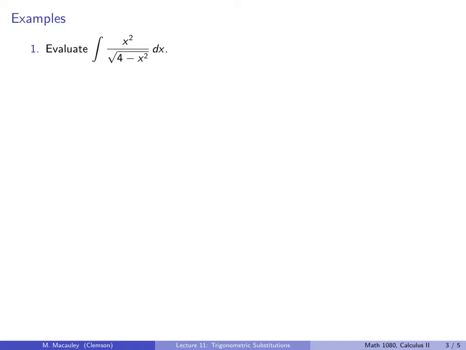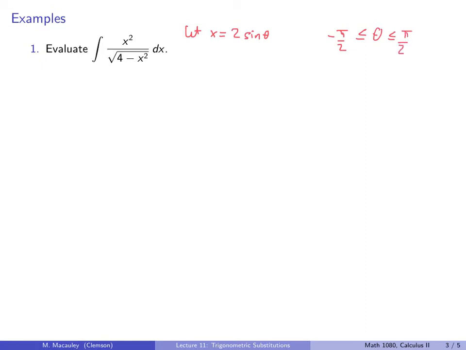I'm going to let x equal 2 sine theta. And now I can't let this happen for all theta. So technically I need to let theta be between negative pi over 2 and pi over 2.